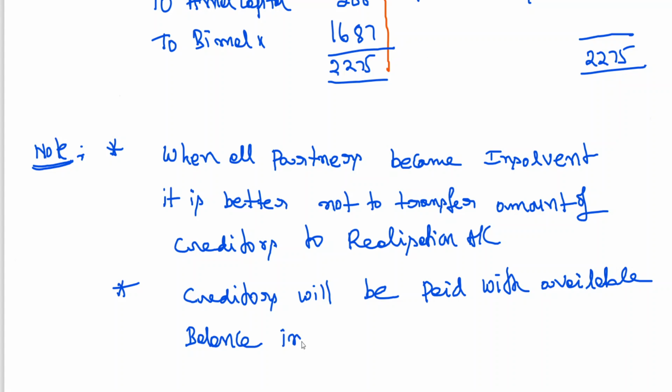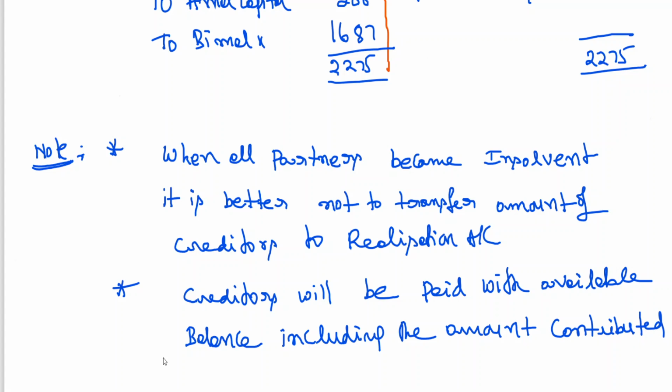Including the amount contributed by the partners. That is what, 200 rupees they brought, no Bimal, including the amount contributed by the partners.